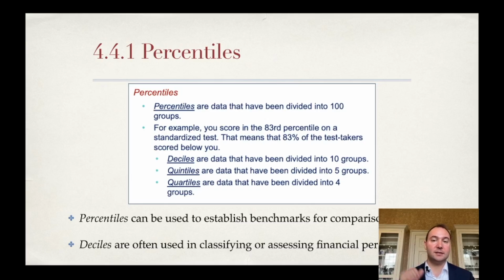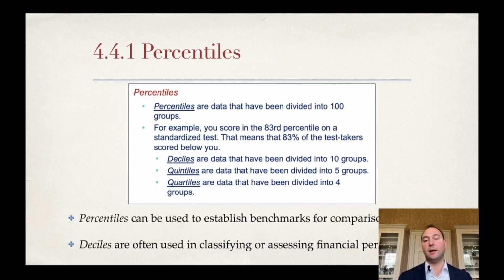In other words, it's the top 10% of data, then between 10 and 20% of data, between 30 and 40% of data. Deca means 10, so we're splitting up the data into 10 groups. Quintiles are used when you're dividing into 5 groups. Quartiles are used when you're dividing your data into 4 groups.